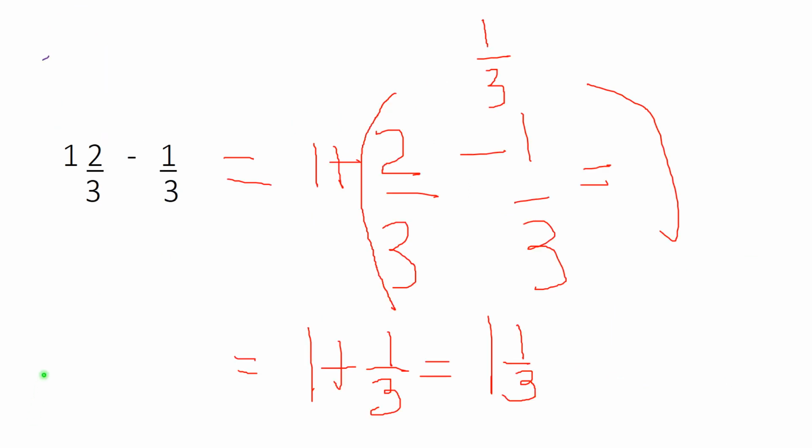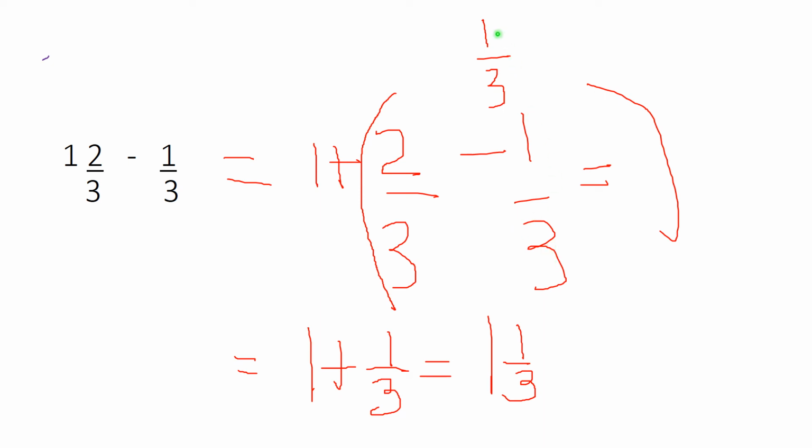Our next example is a mixed fraction and a proper fraction. In this case, we have a proper fraction that can easily take away the other proper fraction, 2 over 3 minus 1 over 3. So there's no need to change our 1 into a fraction. So we write our question as 1 plus 2 over 3 minus 1 over 3.